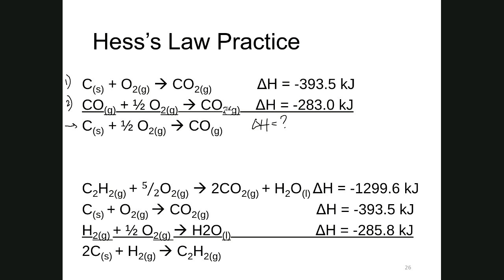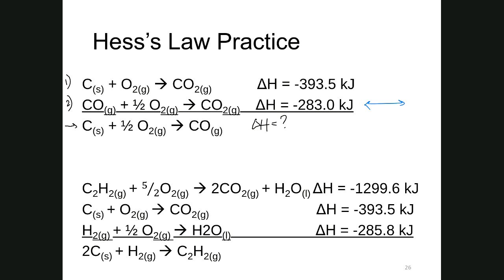And in this case, we would say no. Carbon monoxide is actually a reactant, but we need it to be a product. So in order for us to convert this from being a reactant to a product, what we're going to do is reverse the reaction.